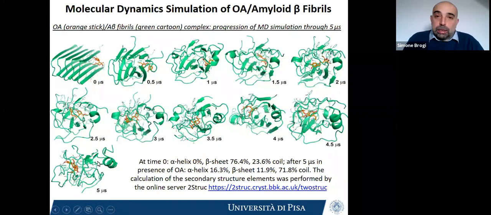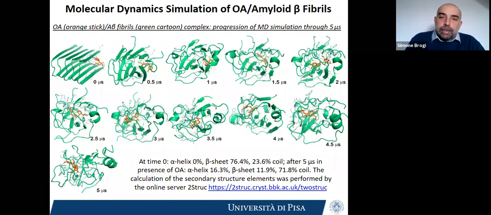And by using this kind of simulation, it's possible to capture molecular events that are not possible to observe with classical molecular dynamics studies. And in fact, as you can see, the results obtained by this long-time molecular dynamics simulation highlighted the role of oleuropein aglycone as an amyloid beta fibrils disruptor.